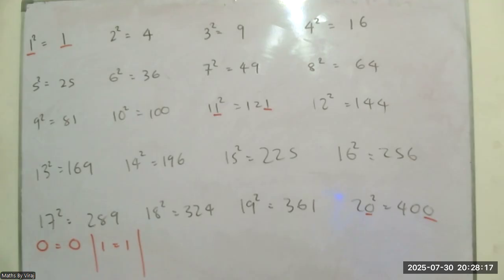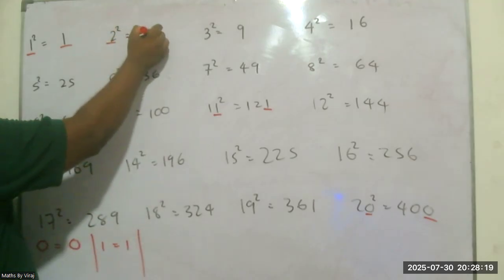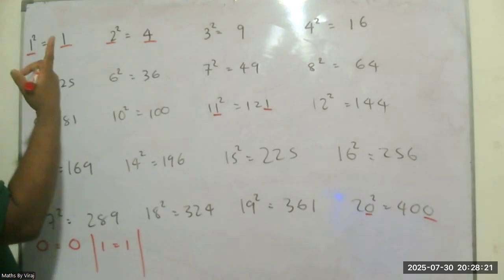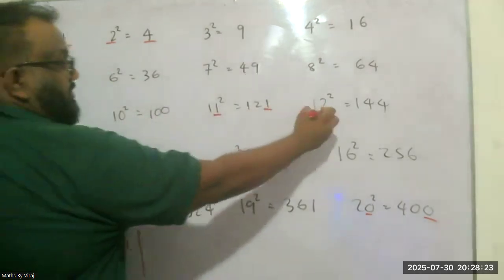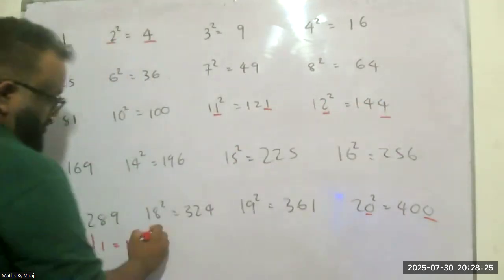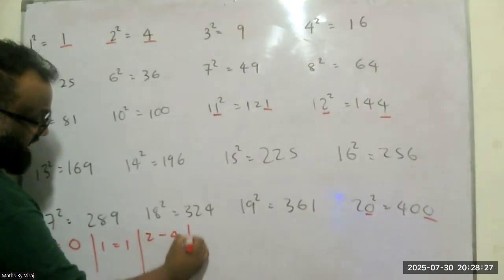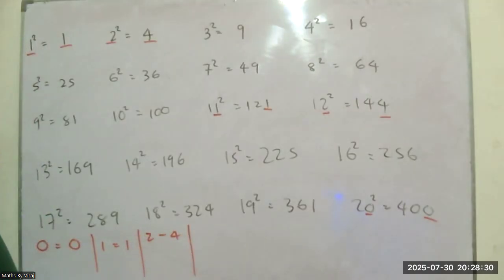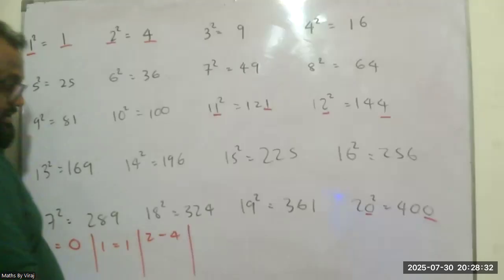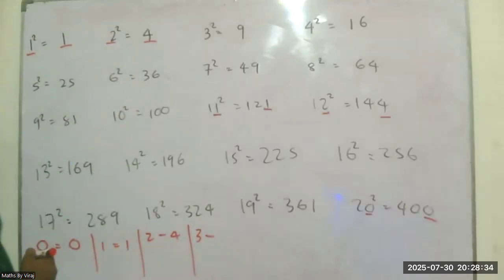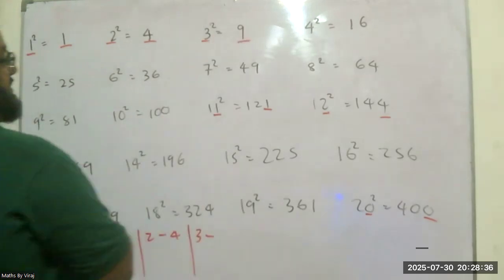If it is 2, let's look at this. 2, it ends with a 4. Even 12, let's see. 12, it ends with a 4. Am I clear? Yes, sir. 3, it ends with a 9.